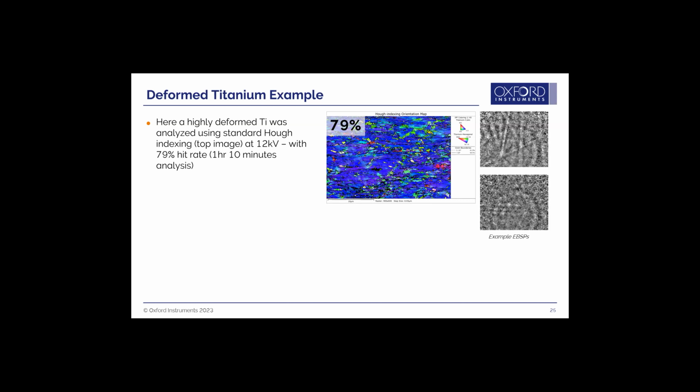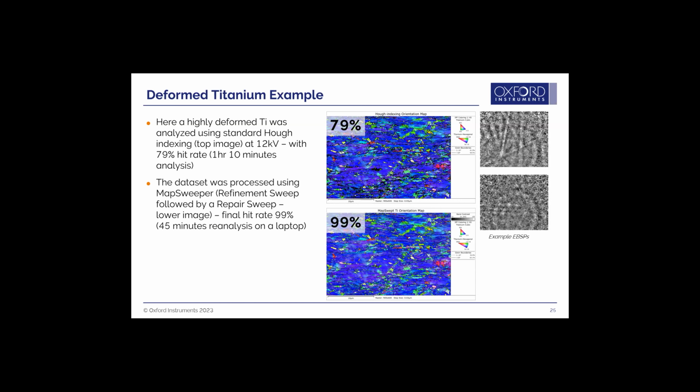But this is an example at 12 kV. The initial run was quite a long run. If we put this through a refinement sweep and a repair sweep, we get a nice data set there. We fill in a little bit of the blanks, but we're filling it in with the actual captured data. It's not just a paintbrush fill kind of thing.